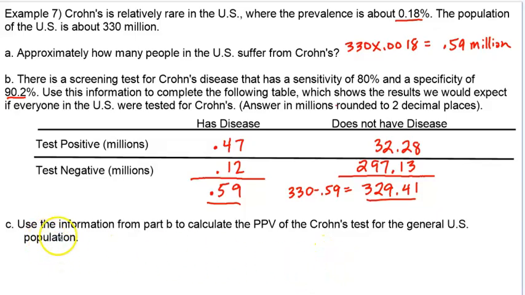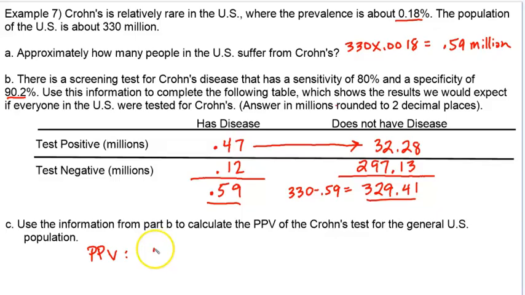And then part C is we're going to use this information in our table to calculate the PPV for the general U.S. population. So PPV, we're going across the top.